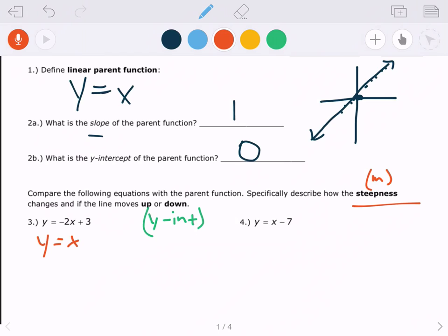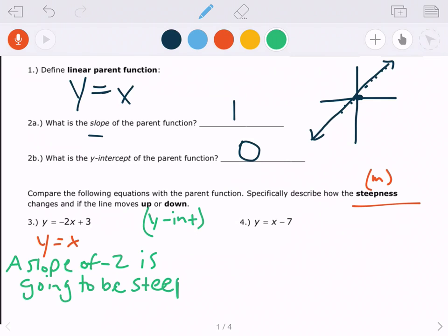Well, a slope of -2 is going to be steeper than a slope of 1. If you think about a slope of -2, we're going to be rising 2 and running 1. So we're going up 2 and over 1 instead of up 1 and over 1. So -2 is going to have a steeper slope.